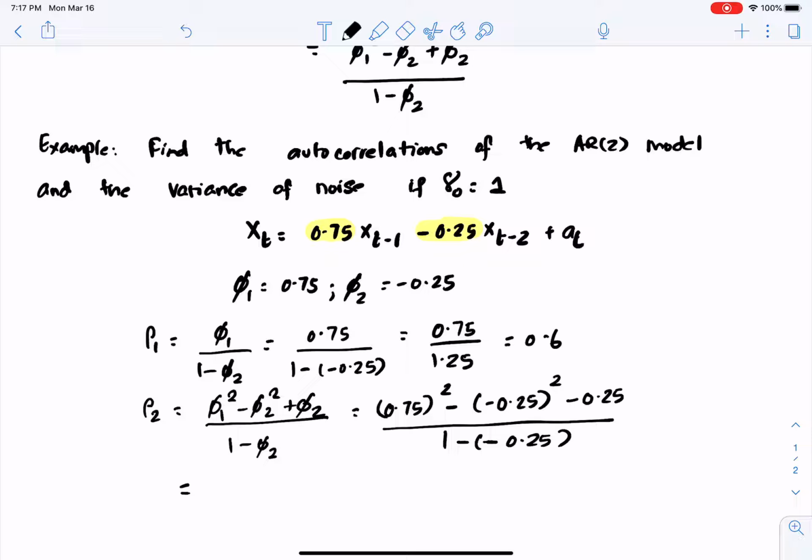And that would give us 0.25 in the numerator, 1.25 in the denominator.